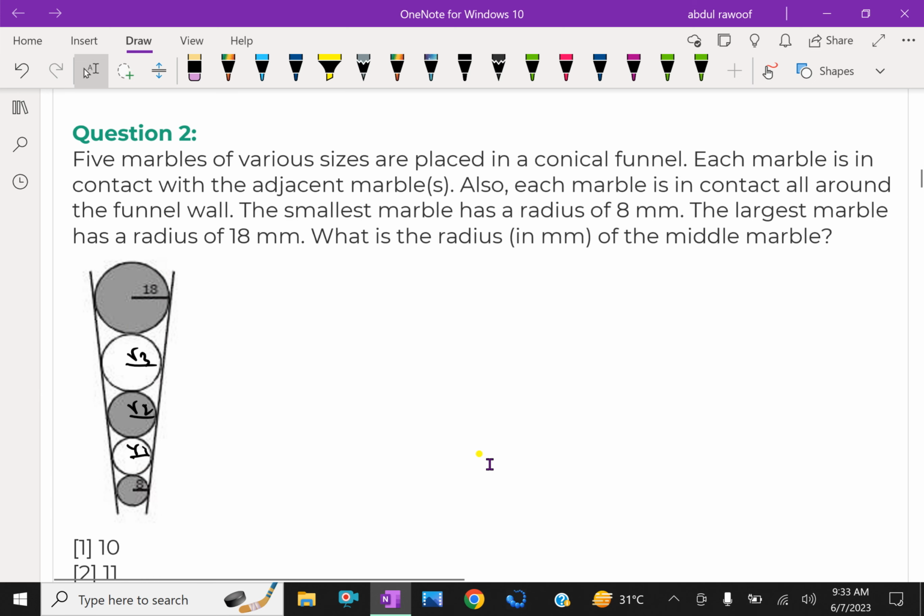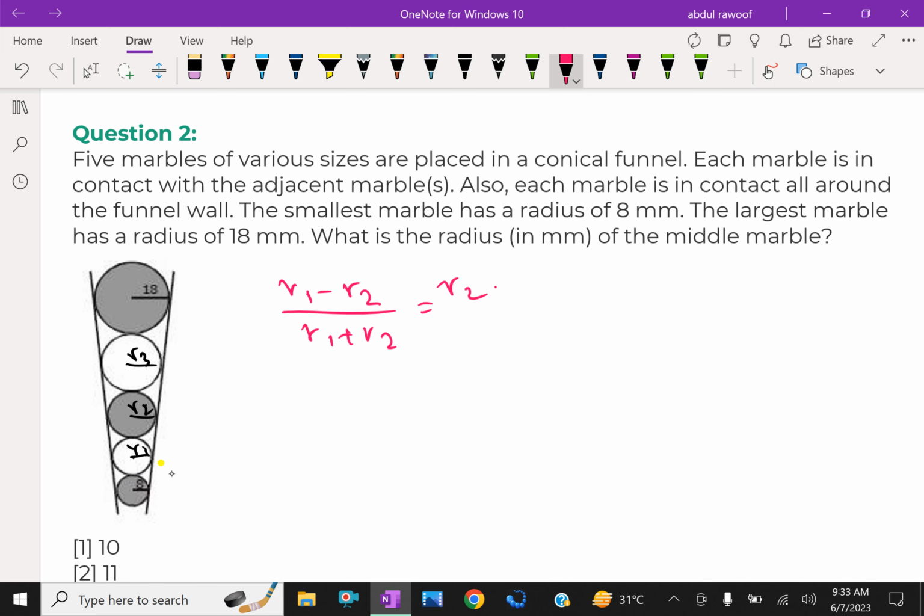Then first one is R1 minus R2 over R1 plus R2, which is the distance base, which is equal in ratio to R2 minus R3 over R2 plus R3.